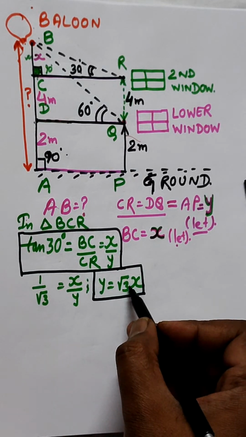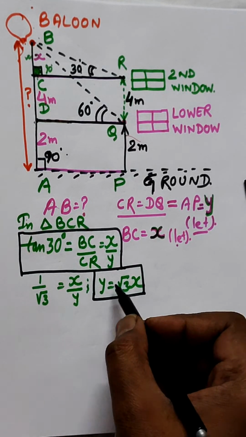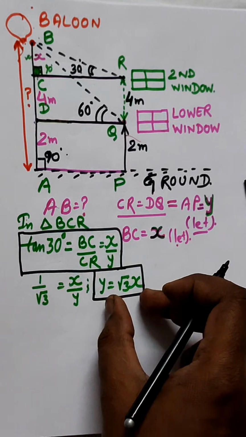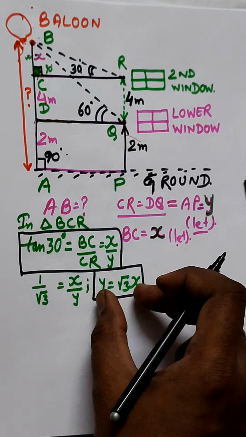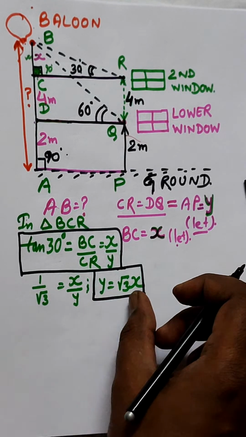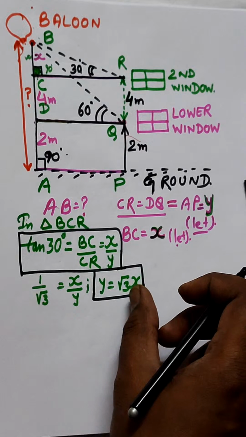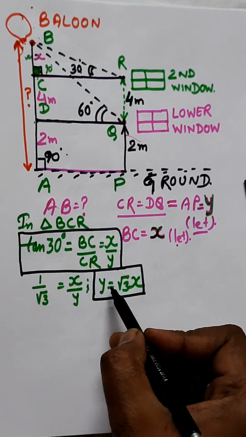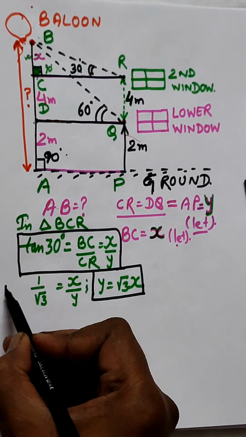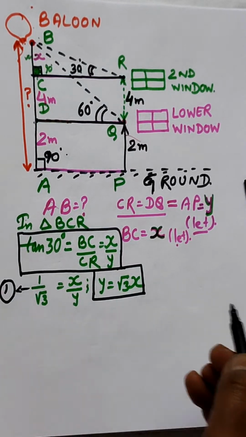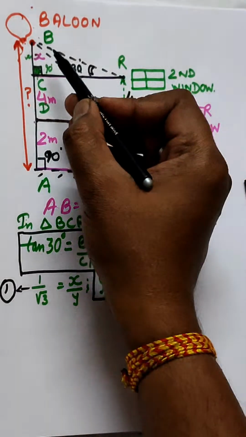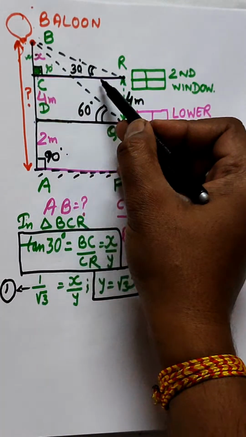So here two variables. We need to find another equation so that we will be able to solve both equations to get the values of X and Y, right? So this is our one of the equations. Let's say this is equation number 1. Now we have considered triangle BCR.